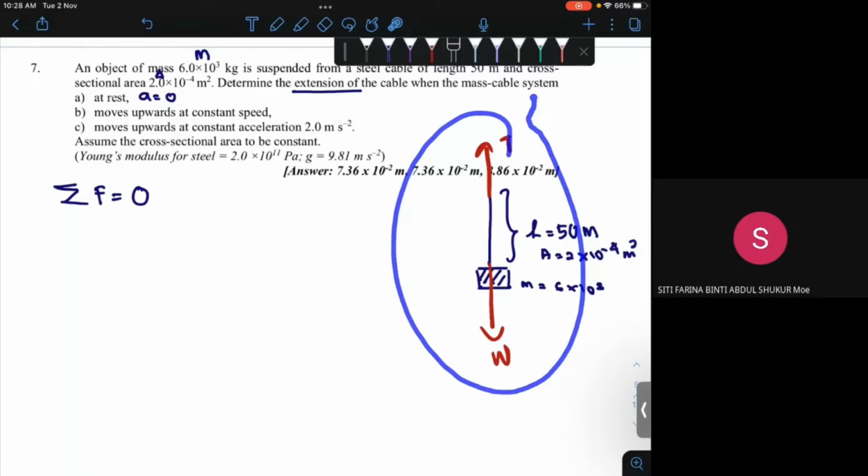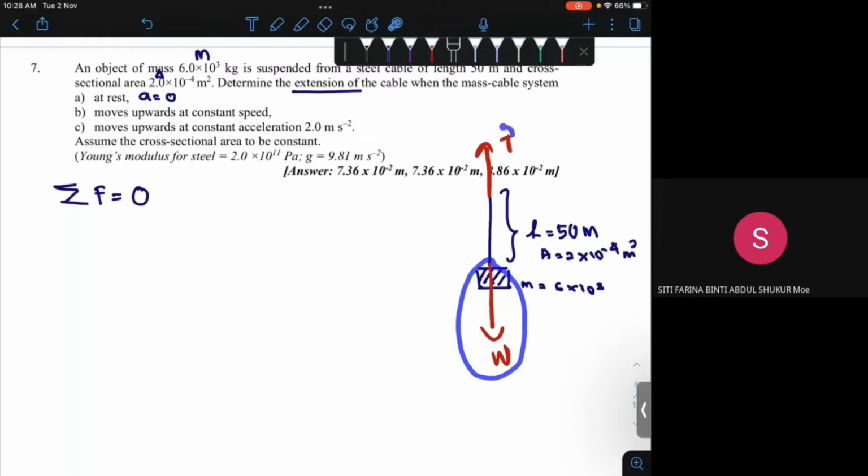The value of the elongation kita nak cari ini. First adalah weight, second adalah tension. Because the tali itself is going to experience tension. And then since you add a mass on the string, this mass is going to add a weight on the string. So dia ada 2 force.